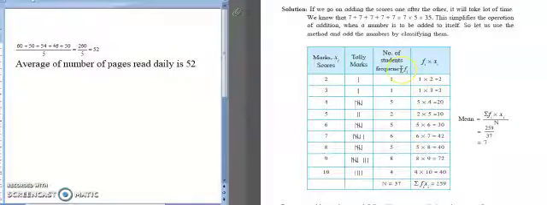Now the average or arithmetic mean has the formula summation of Fi into Xi. So Fi is given here. We have to add all these Fi together. That will be known as summation of Fi, the addition of all the Fi's. So F1, F2, F3, F4, F5, F6, F7, F8 and F9.